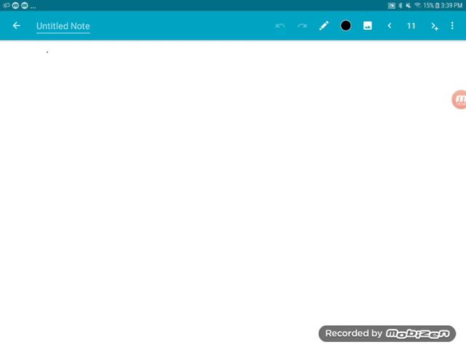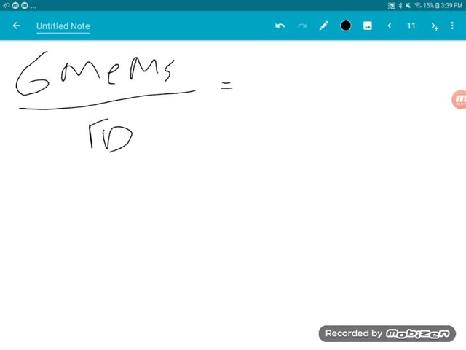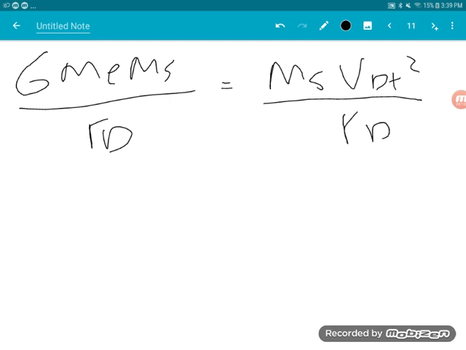but for point D. Mass of the Earth, mass of the ship, the radius of D is now equal to mass of the ship, VD plus squared over RD, because we don't know VD plus.